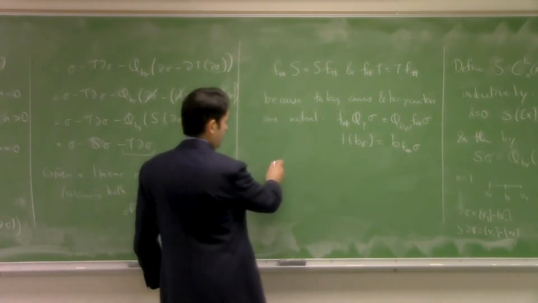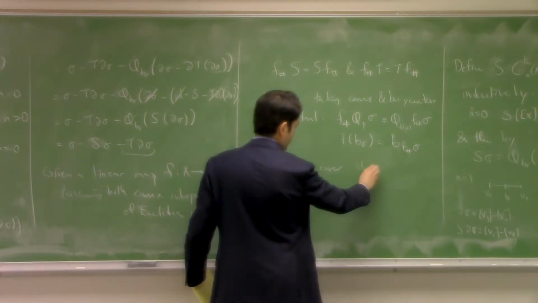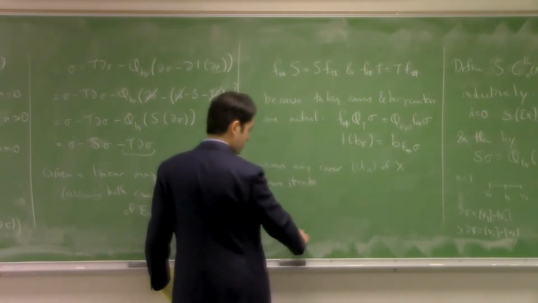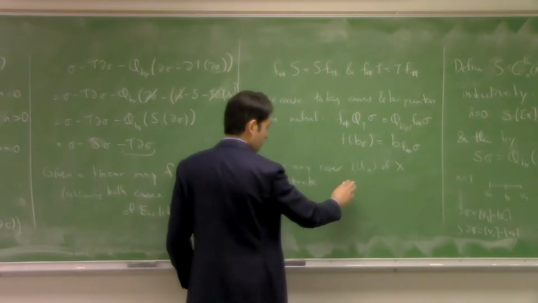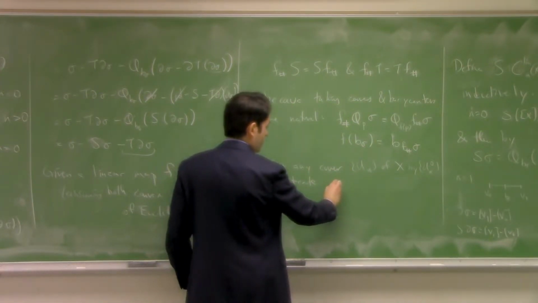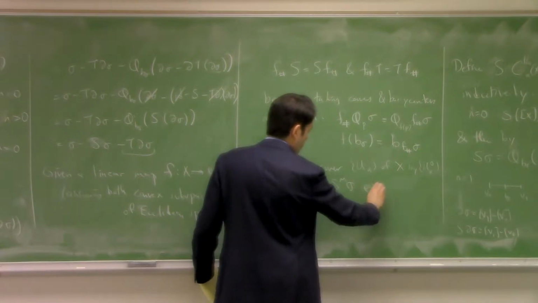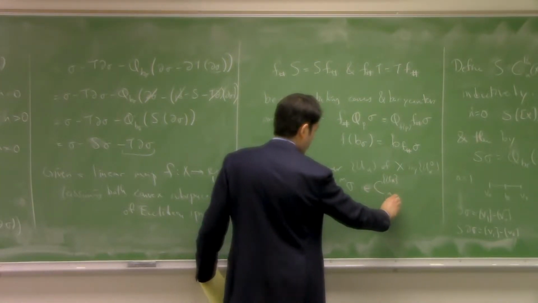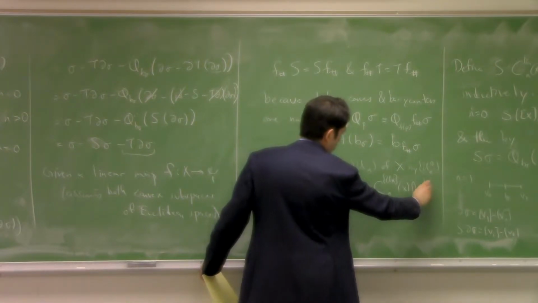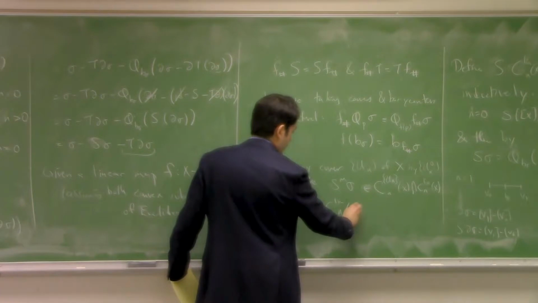So it also has the property that, given any cover of x, some iterate S^m sigma will be in C^U_alpha n of x intersect C linear n of x, for any sigma in C linear n of x.